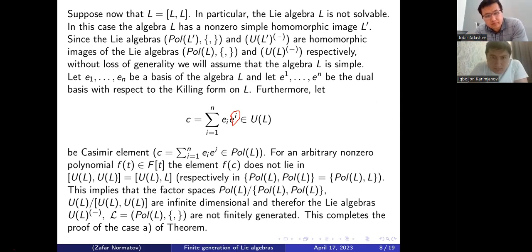Zafar, could you explain one more time what is dual basis with respect to the Killing form? Where is the Killing form in your explanation? Actually, I understand as follows: we have the algebra L, right? This is the vector space. We know the dual of this vector space, right?